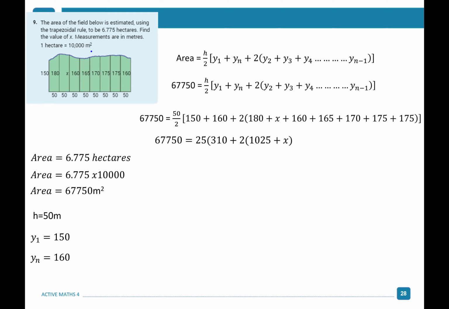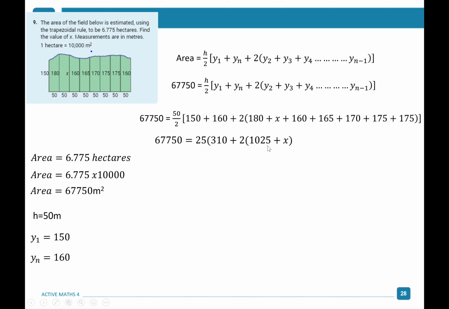So our formula now reads as 67,750 equals 25 times 310 plus 2 times 1,025 plus x. So I'm just adding together my like terms and using BIDMAS to do that, adding up what's inside my brackets first.